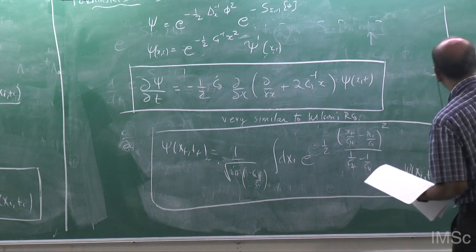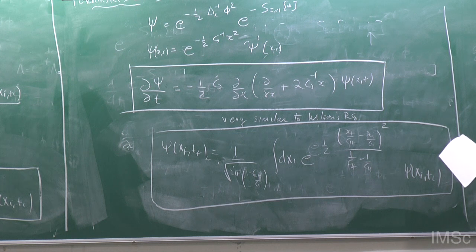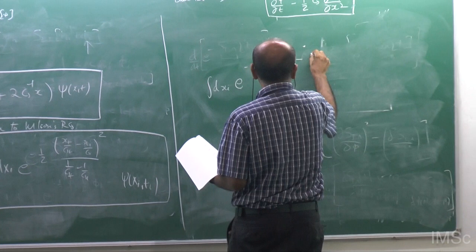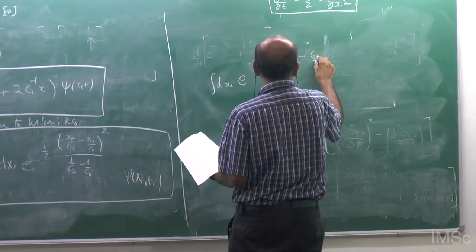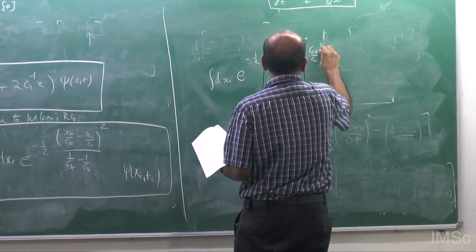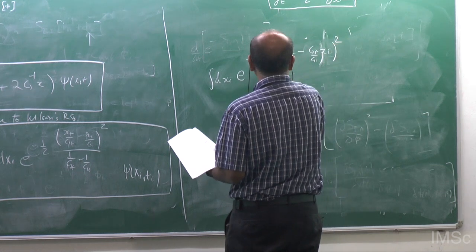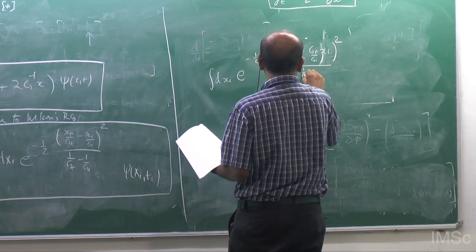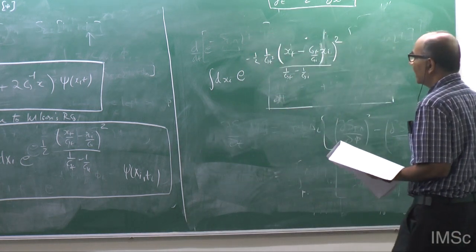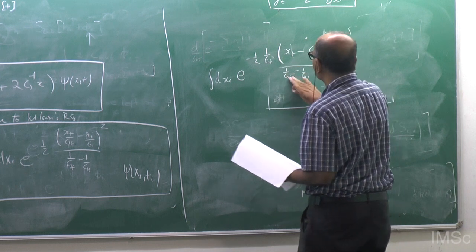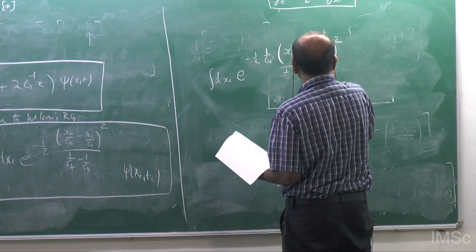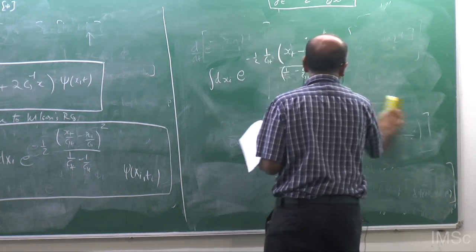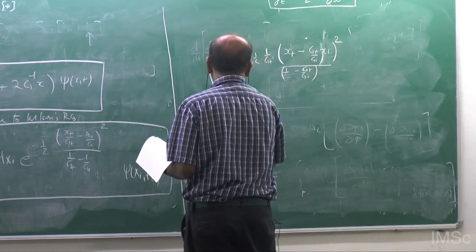Let me take out the gf squared, and you can write this as xf minus gf by gi xi squared by 1 by gf minus 1 by gi. And I'll take out one of these gf's and make this 1 minus gf by gi.